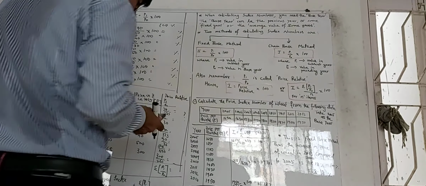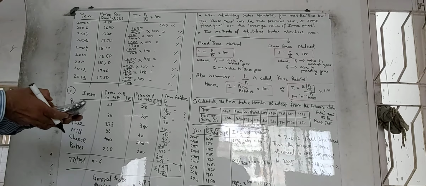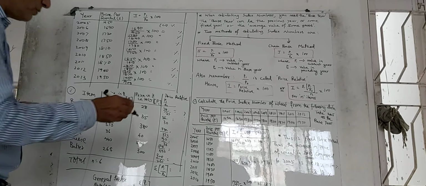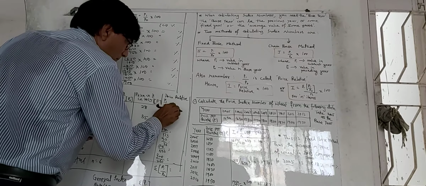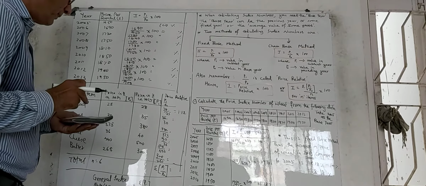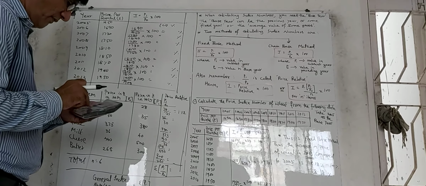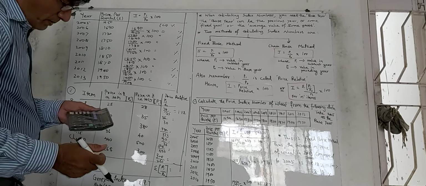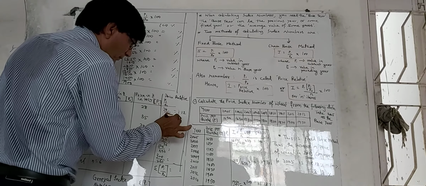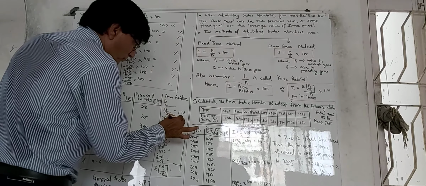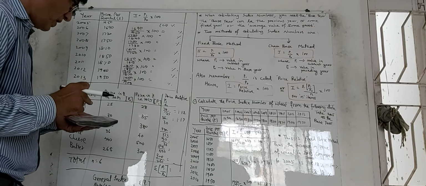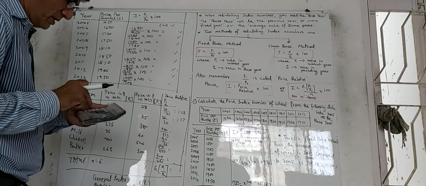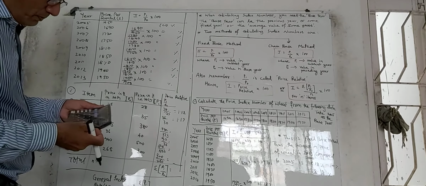I am just making it easy for myself a little bit. 28 divided by 25 gives you 1.12, then 35 divided by 30 gives you 1.16 or 1.17. I'll take it as 1.17 up to 2 decimal places. 380 divided by 375 gives you 1.01.